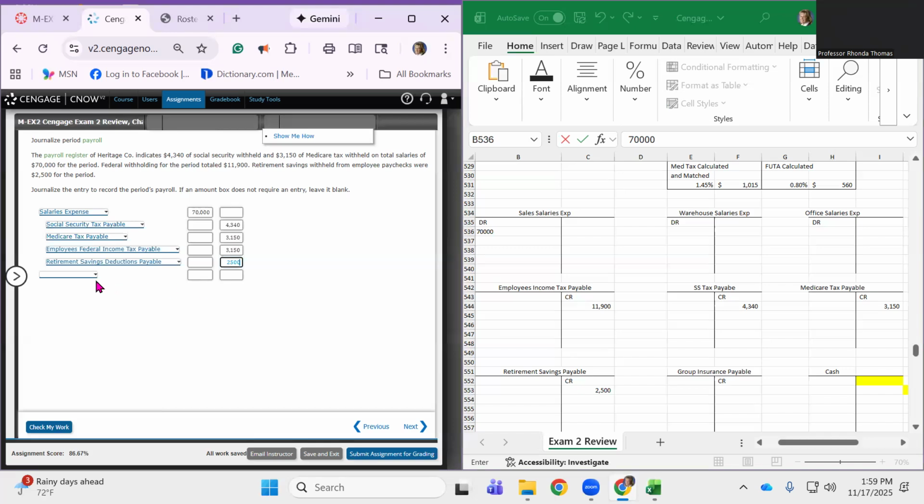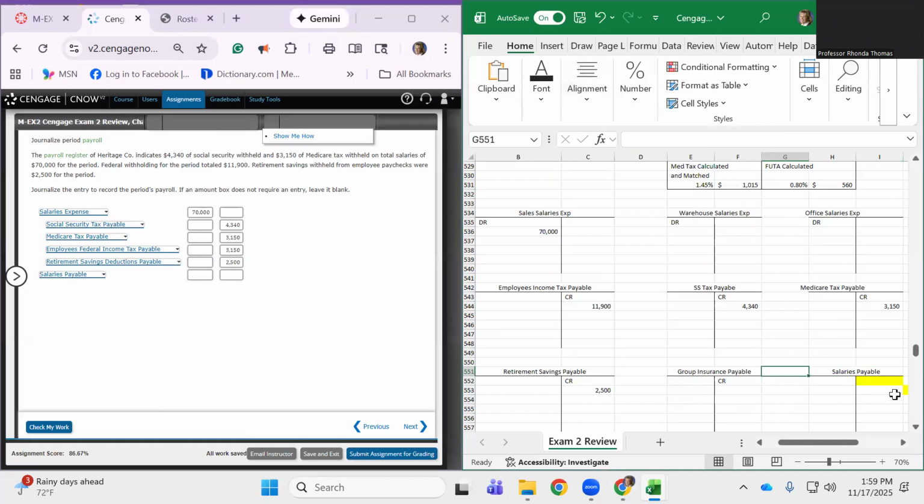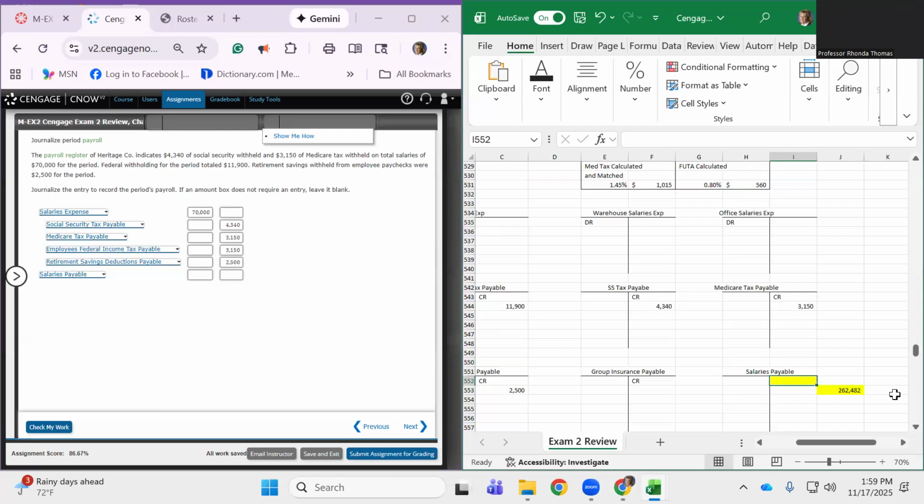So now we're sitting here and I don't know if it's cash or, nope, it's not cash. This is going to go in salaries payable, not cash, because it's not payday yet. So this is salaries payable. Okay, this needs to go across. So you find this as the last piece because it's the plug number. Okay, the plug number, so equals.